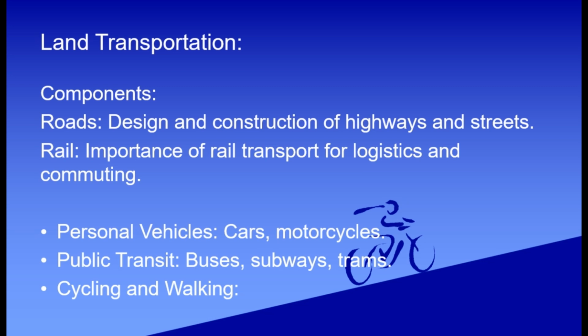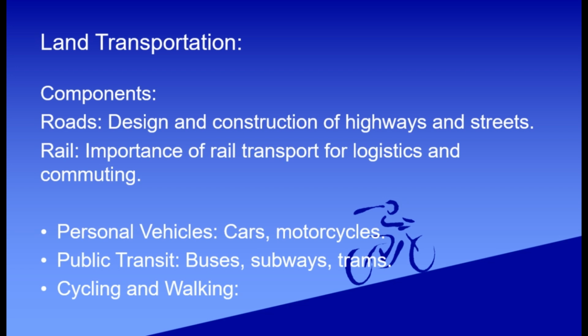Under personal vehicles, we have the cars and the motorcycles; for public transit, we have the bus, the subway, and the trams; then we have cycling and walking. So these are under land transportation. The first aspect under land transportation is to talk about the road, and we have rail transportation as an example under land transportation.